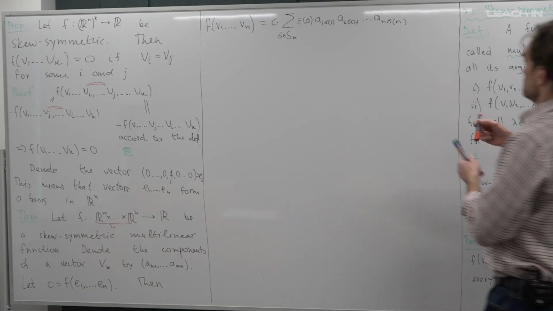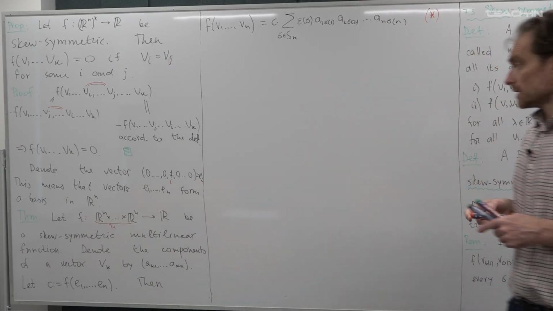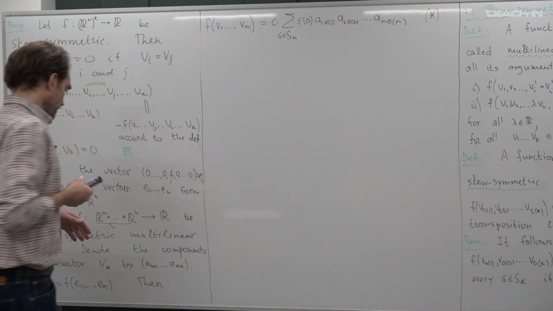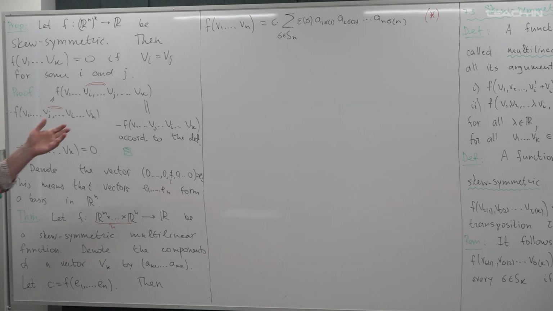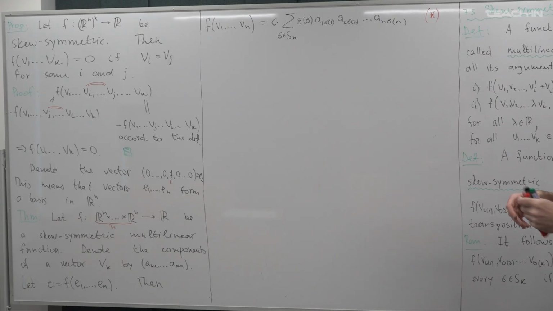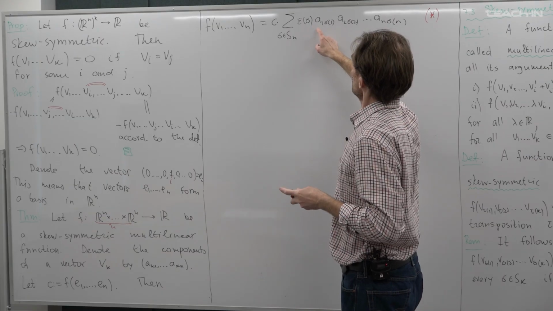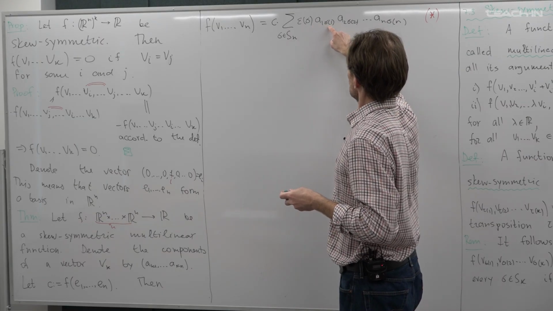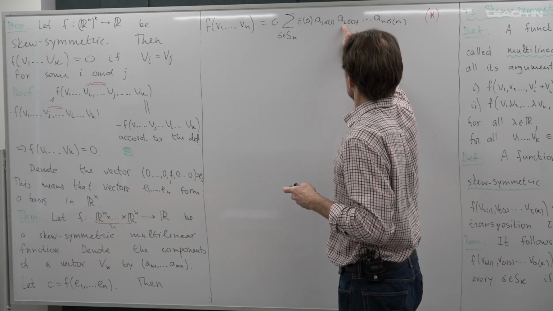Okay, so I will denote this by a star. So what do we need to prove? That if f is a skew-symmetric multilinear function such that the number of its arguments is equal to the dimension of the space, then its value can be represented like this. So we take the sum over the set of all permutations of n elements, so we take the component with the number sigma of 1 of the first vector, the component with the number sigma of 2 of the second vector, and so on.